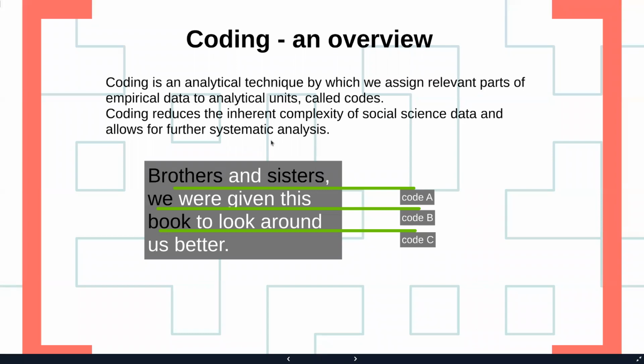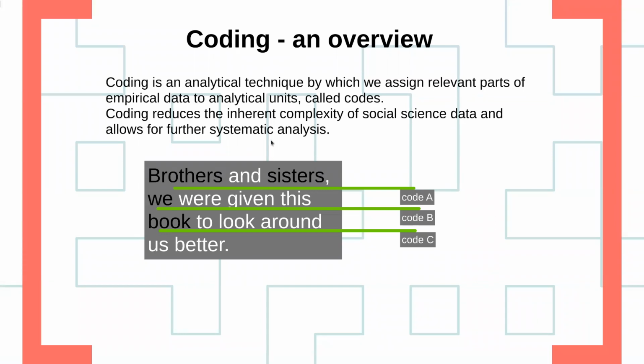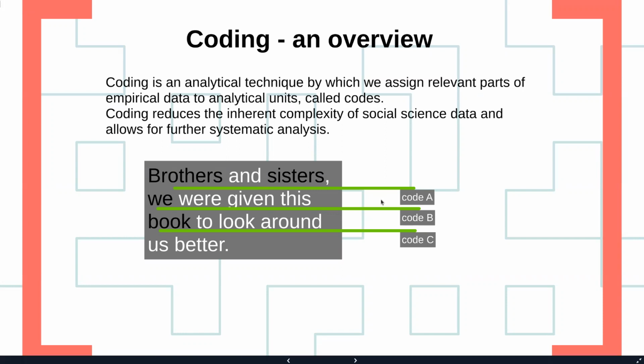So coding reduces complexity of data and allows for further systematic analysis, because we work with codes.